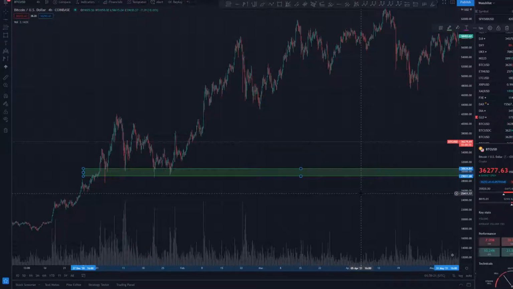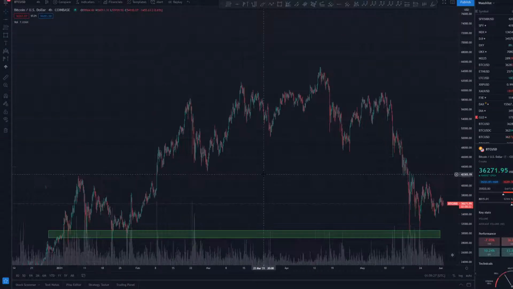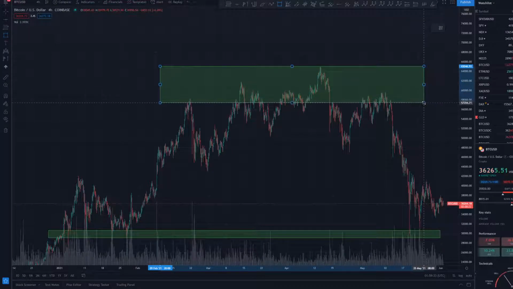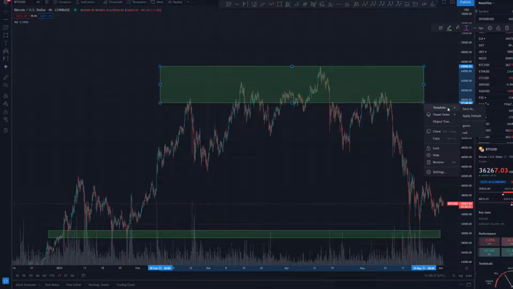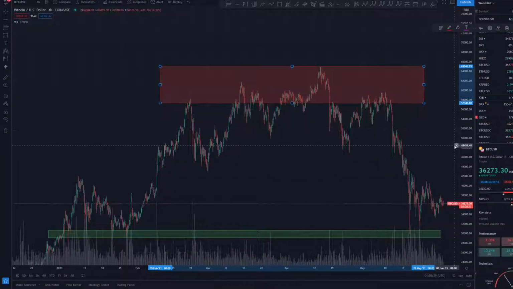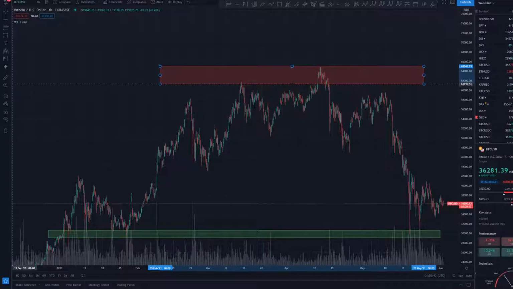Think about it: if there's a lot of buyers at a specific level, that level will get supported. Same thing with resistance, but just think of it as flipped. If there's a lot of selling interest in a region, then that region will have a lot of resistance.